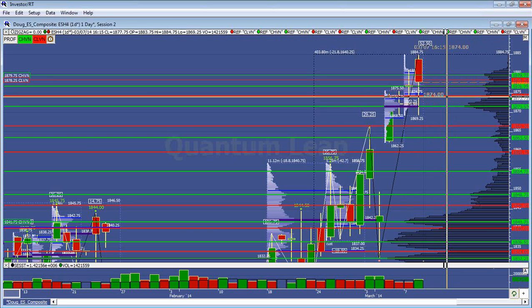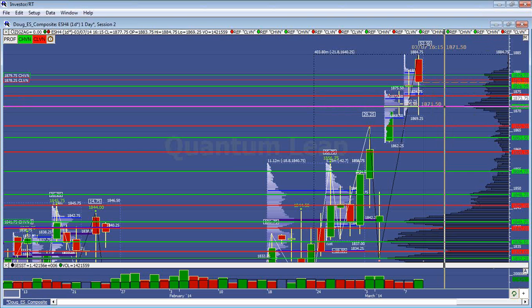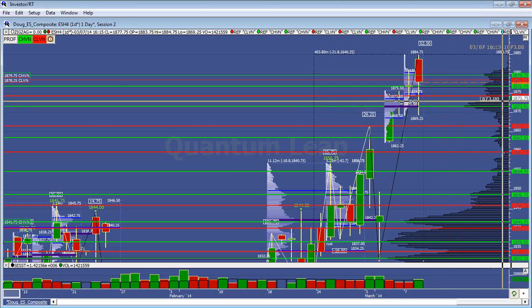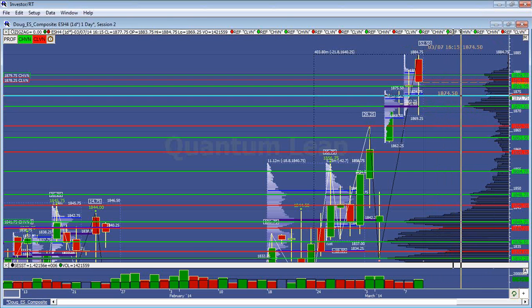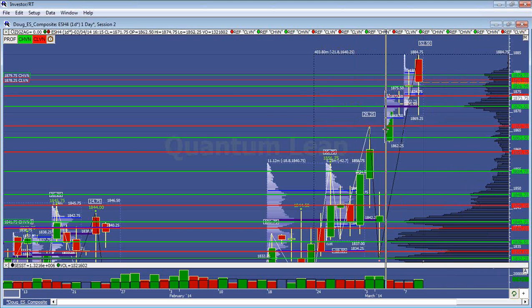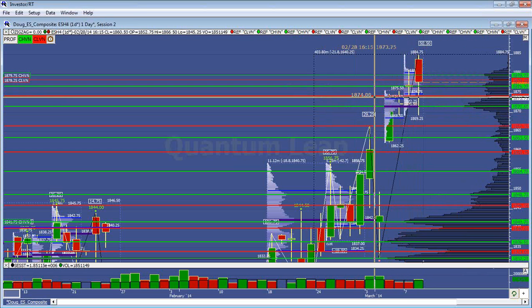I was watching the 74 because I figured if we went below the 74, we'd likely come down to the 71.75, 72 area, the CHVN right here, to pick up buyers. They did do that just a few minutes ago. Now we're coming up and challenging this 1874.50. You can see that we're kind of out of balance right here.